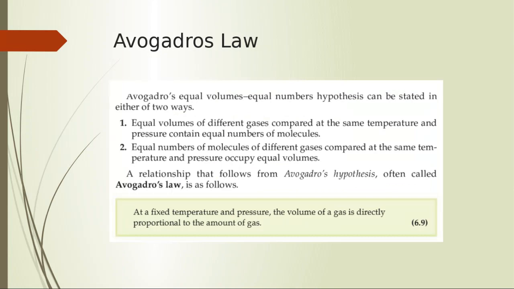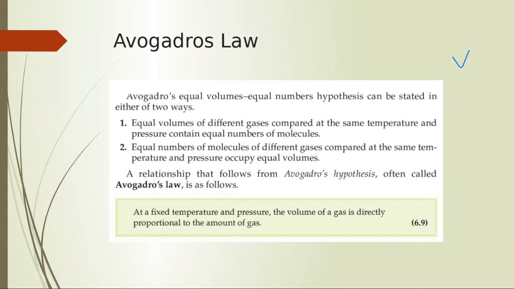And the last one, Avogadro's law. Avogadro's law is proportional to the amount of gas. Again we compare the volume, and it is proportional. Volume is very important, not only in one law but in all of these laws.